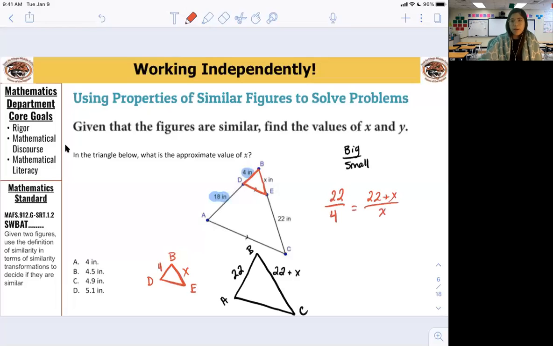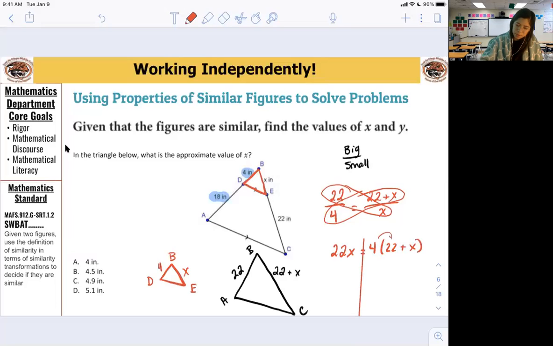Okay, so now let's go ahead and cross multiply. On the left side, what do I have? 22X equals 4 times 22 plus X. Perfect.